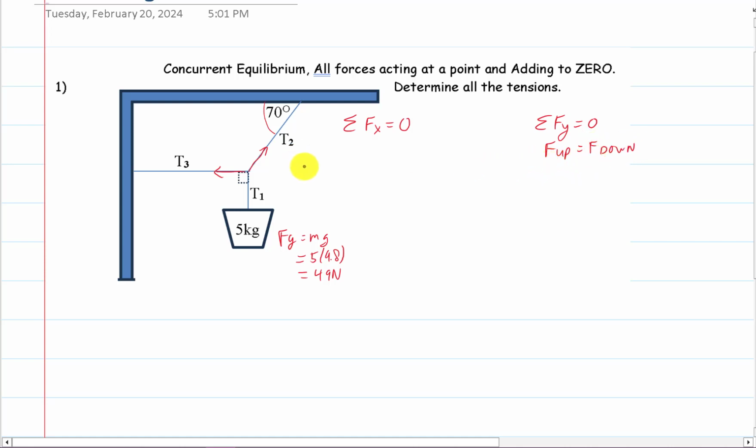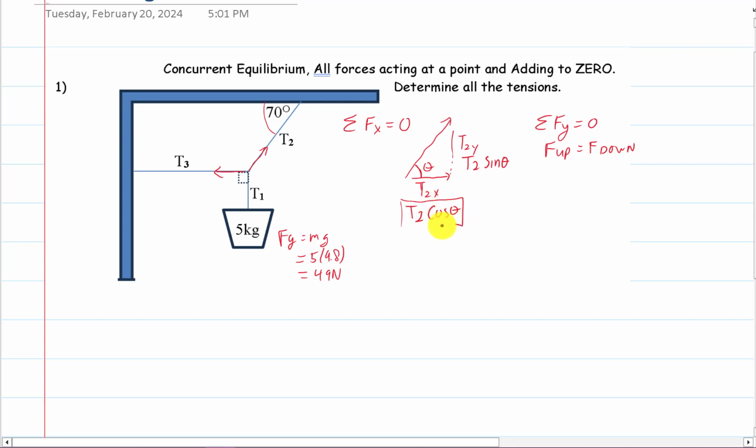The forces up are only if there's a T2 going up this way. It has a component this way called T2y, and the horizontal component of T2 will be T2x. T2y is T2 times the sine of theta, that being the theta from the horizontal, and T2x is T2 times the cosine of theta.